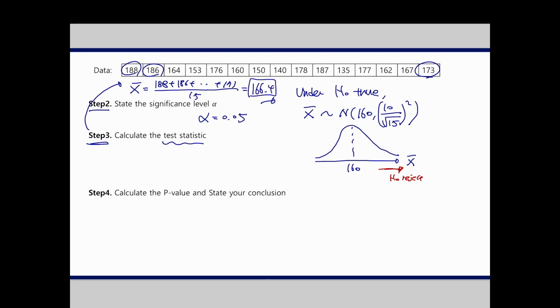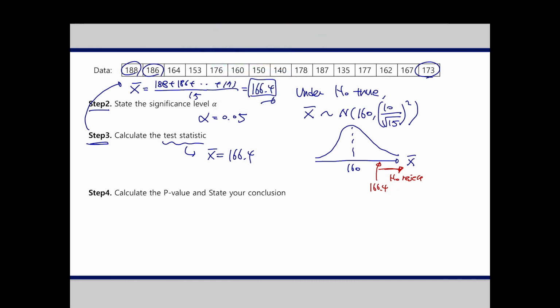Okay, therefore the test statistic is 160.4.